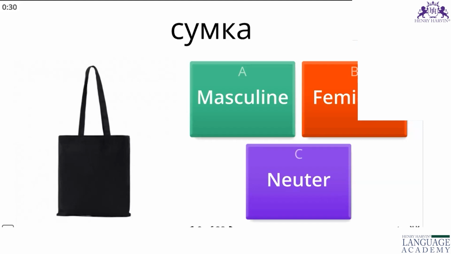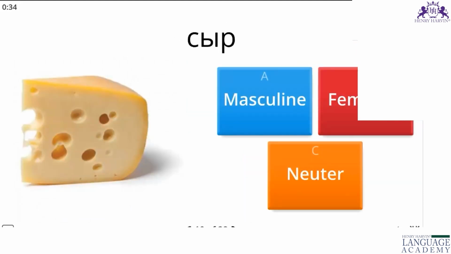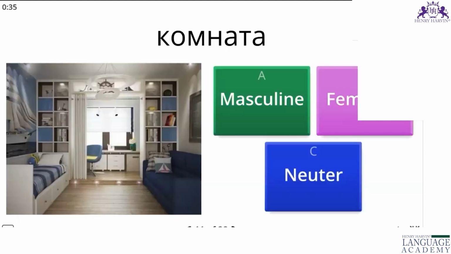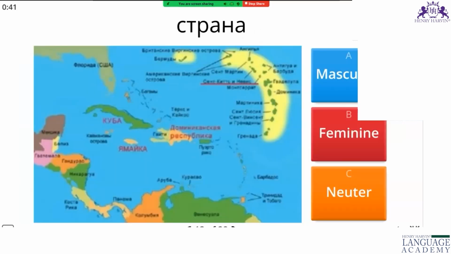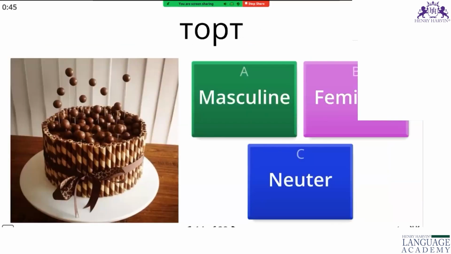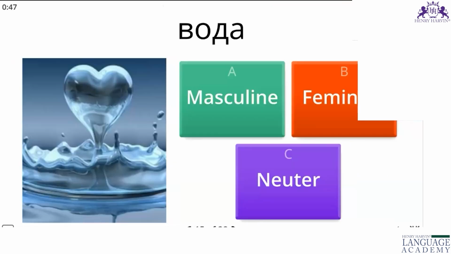Ваш, ваша, ваше. Сумка. Your. Ваша сумка. Ваш сыр, ваша комната, ваше молоко, ваша страна, ваш торт, ваша вода.